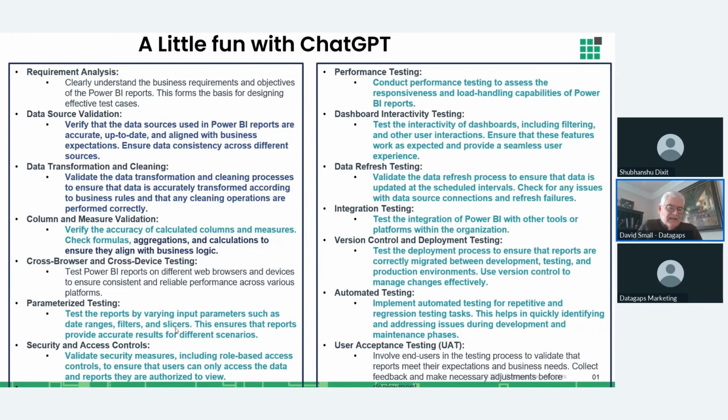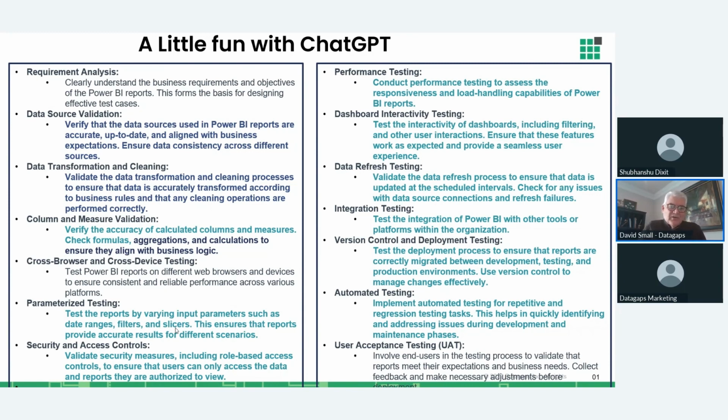Column measures and validations happens to be handled by a combination of ETL Validator and BI Validator. Parameterized testing, you can create one test, and from that test, parameterize the filters and the inputs, and then run that test many times without having to create a test for each permutation of the filters and such.